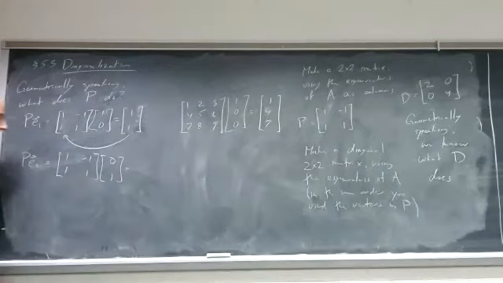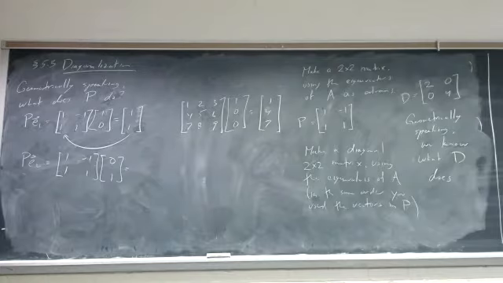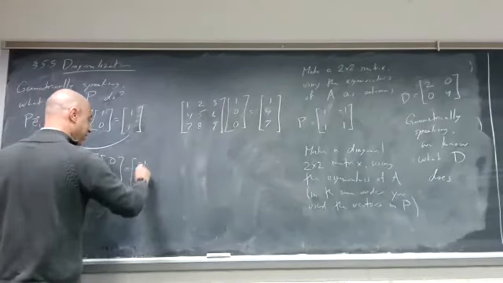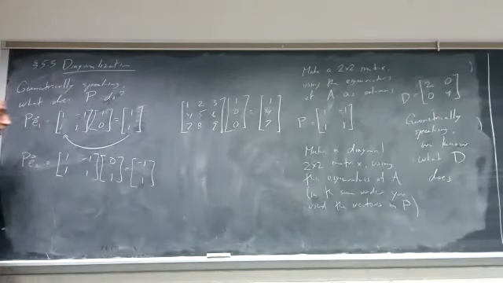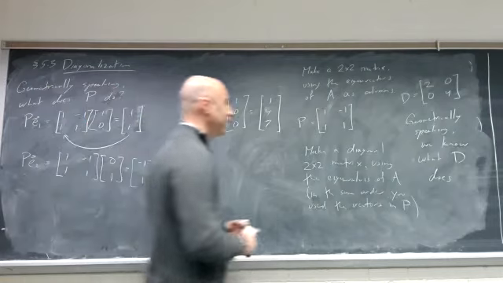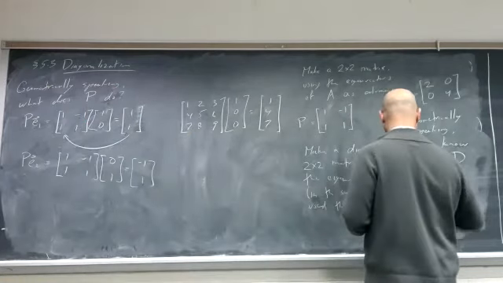What do you get here? Minus 1, 1. Yeah, you get minus 1, 1. You get the second column of the matrix. So this matrix P, you've seen this matrix before.